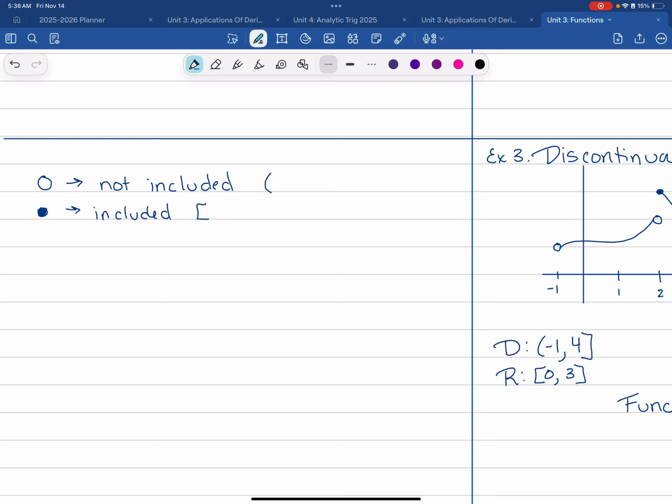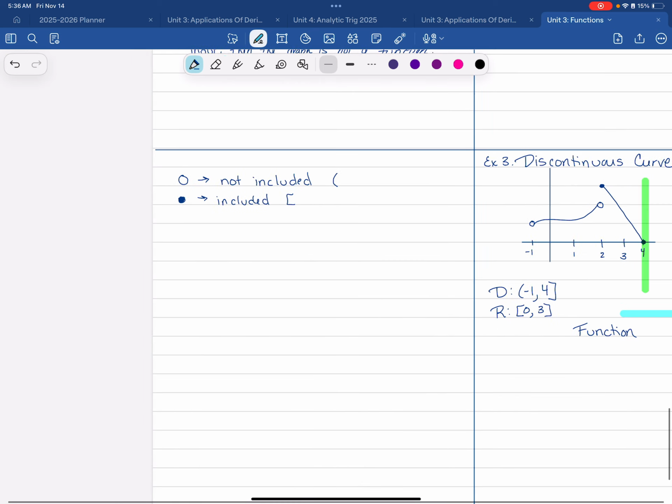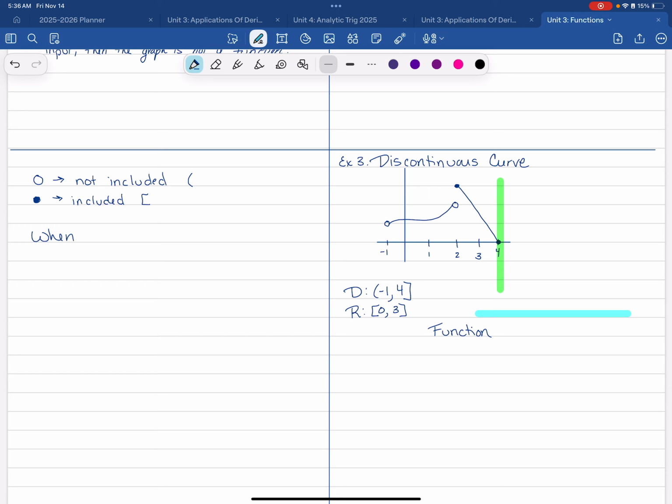Another thing that you may or may not have noticed is that whenever I was looking for my domain, I moved from left to right, and when looking for my range, I moved from down up. So when determining domain, we move from left to right.